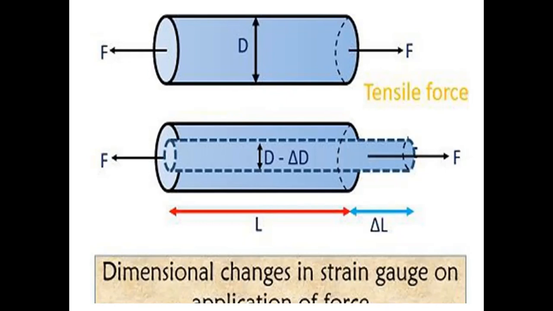Let us say a tensile force F is applied to the wire. This produces a positive strain, causing the length to increase and the area to decrease. So we have the changes: del L is the change in length, del A the change in area, del D the change in diameter, and del R the change in resistance.